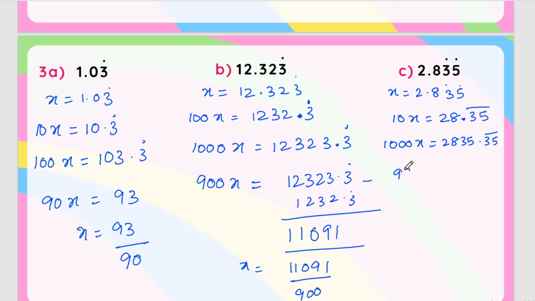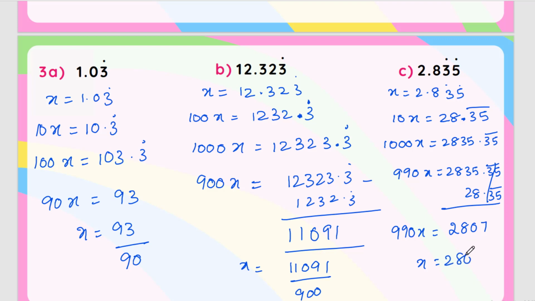So 990x equal to 2835.35 repeating minus 28.35 repeating. If you subtract these two, this will get cancelled and this will become 2807. So 990x equal to 2807. So x equal to 2807 by 990.